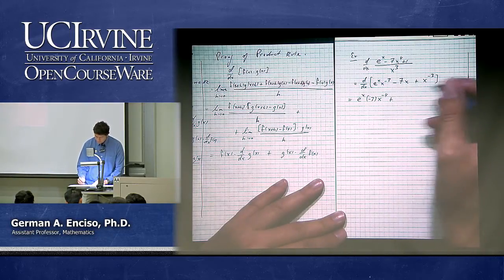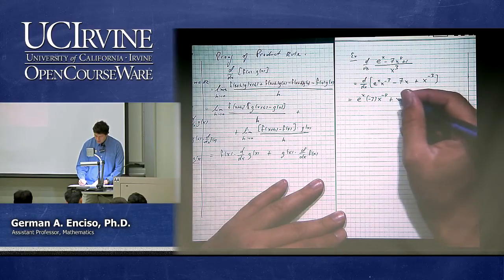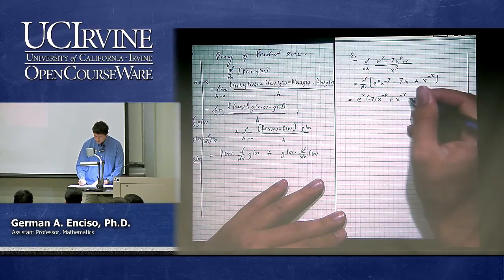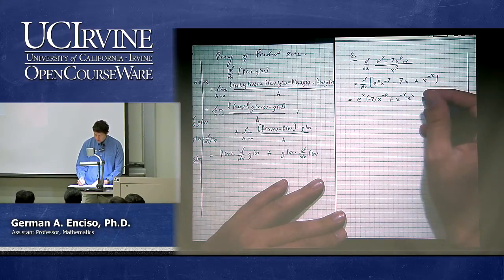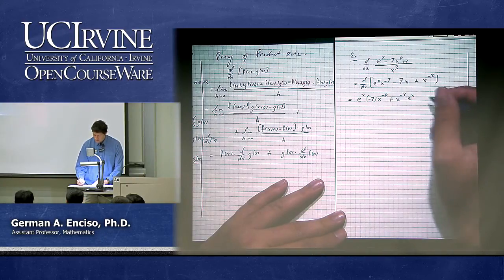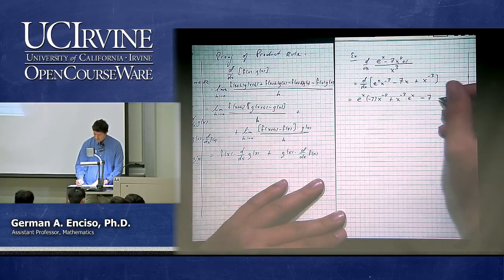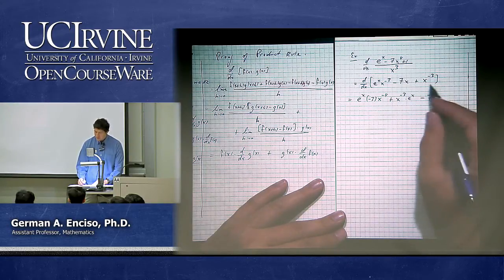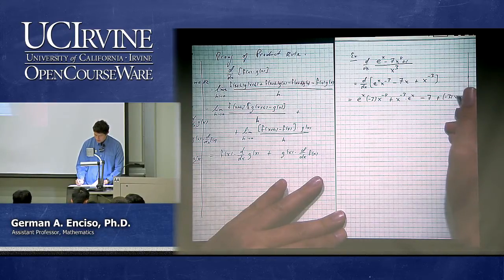Plus the derivative of e to the x times x to the minus 3, times the derivative of e to the x, which is e to the x also. So this whole thing minus the derivative of the second term, which is minus 7, plus the derivative of x to the minus 3, which once again is minus 3 x to the minus 4.